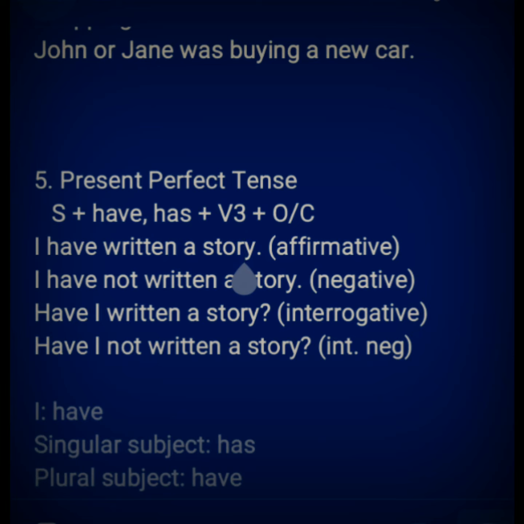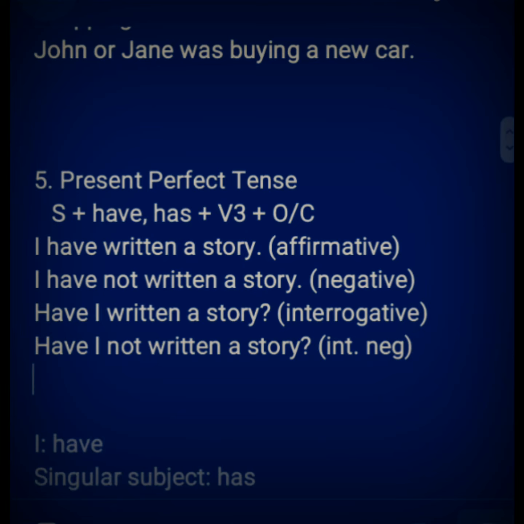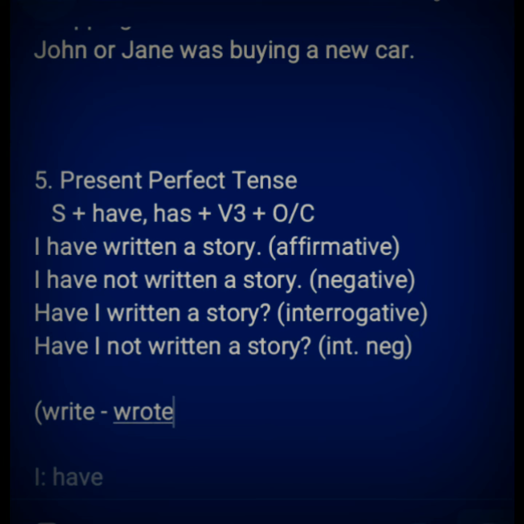Now you see that there are four forms of a verb: write, wrote, written. Write, then wrote, the second form, and the third form is written. And the fourth form is writing.